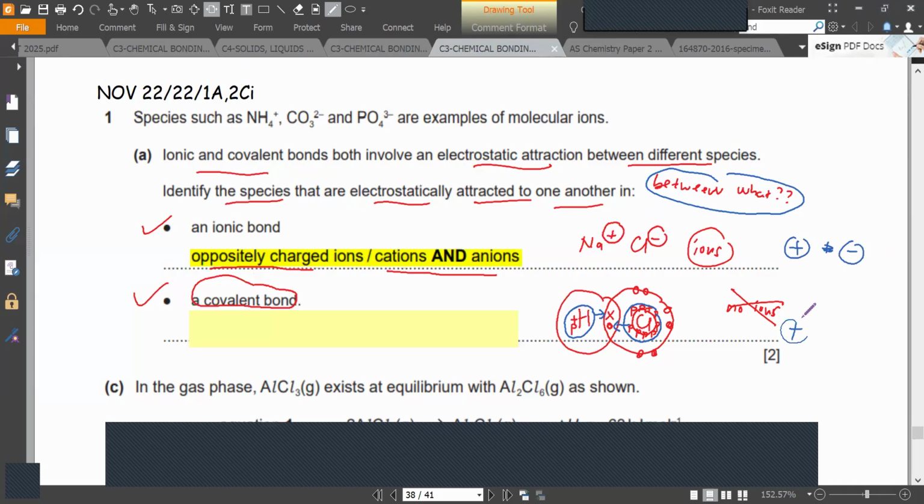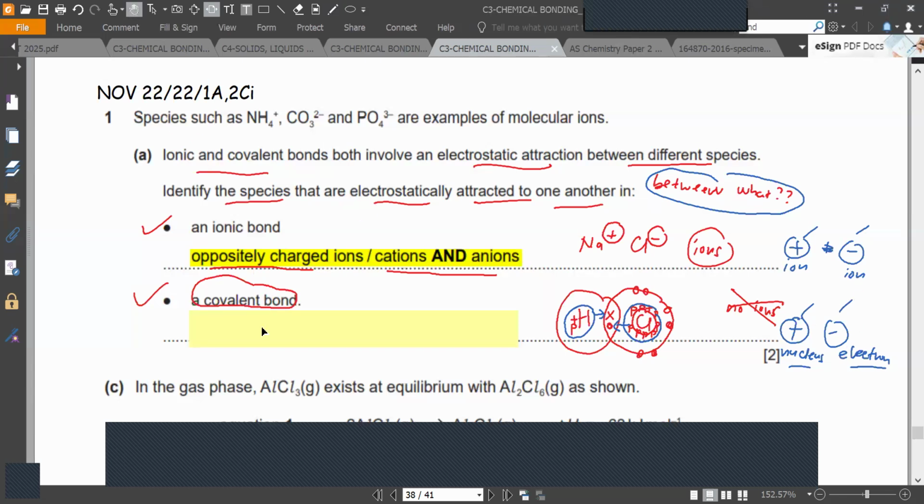Here is also between positive and negative, but this positive and this negative are not the same. This one is a positive ion and a negative ion. This one is a positive nucleus and a negative electron. So both are positive and negative, but the positive species and the negative species are not the same thing.